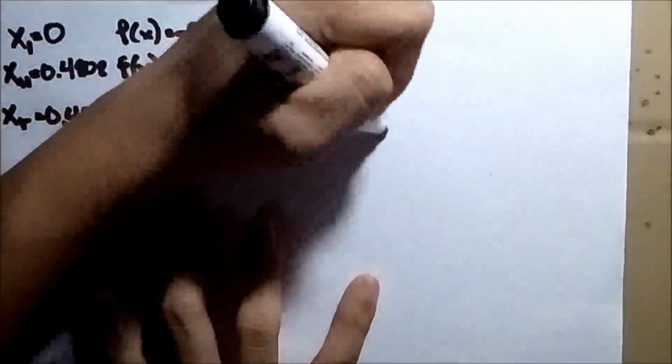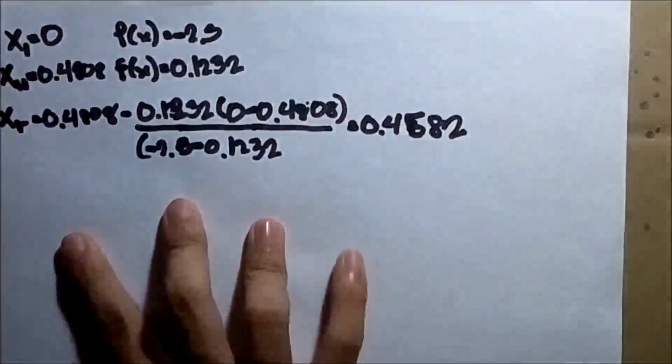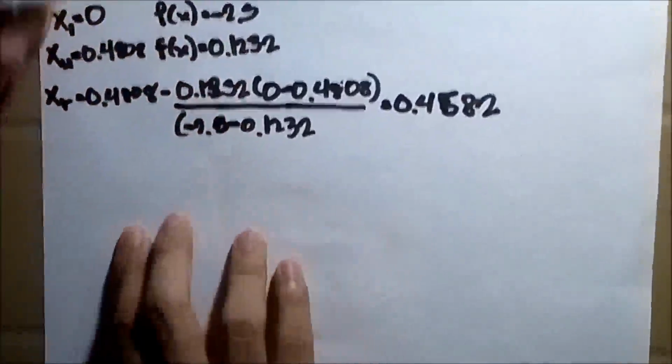The answer will be 0.4582. This means that the real root may be between 0 and 0.4582.